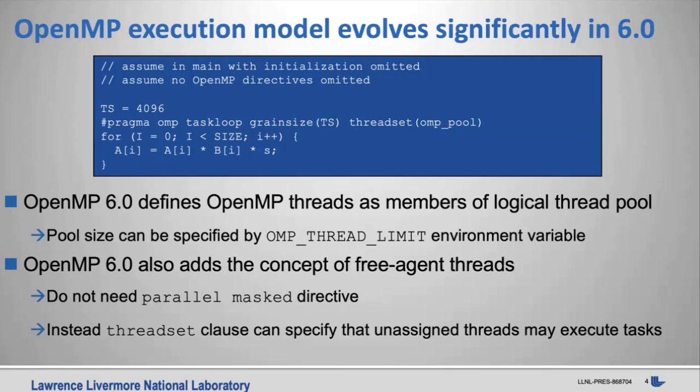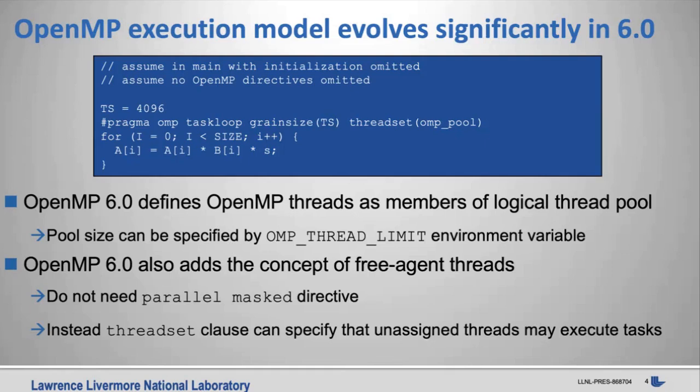Otherwise, it's an implementation-defined number of threads that constitute that pool of threads. Then we added this concept of free agent threads. So now you no longer need the parallel masked directive in order to get parallelism in that taskloop region.